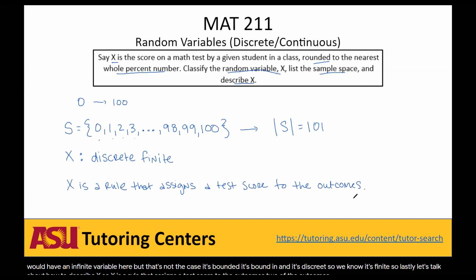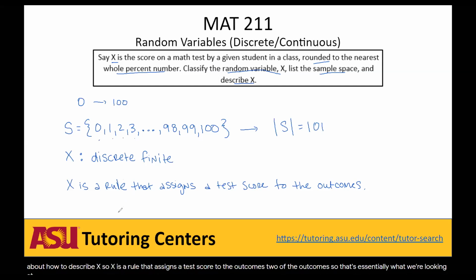So that's essentially what we're looking at here. Because remember that in theory, a test score could be anything from 0 to 100, but X tells us that we're rounding it to the nearest whole percent number. So that's what makes this kind of a special variable here.